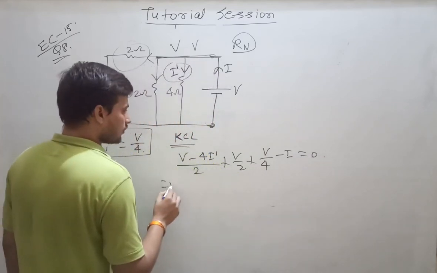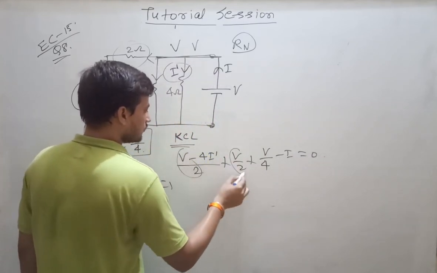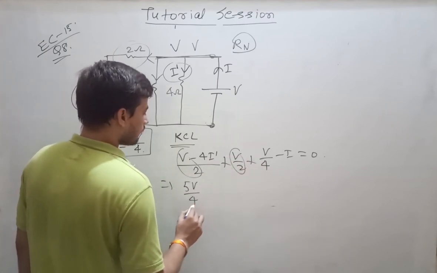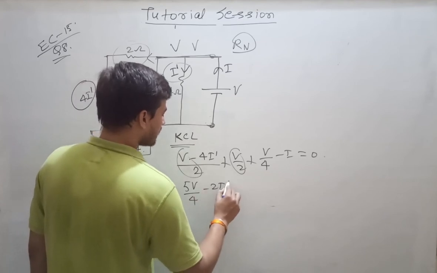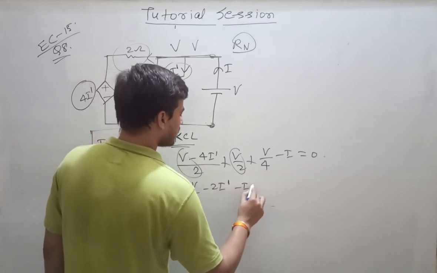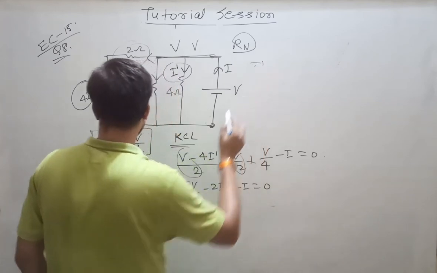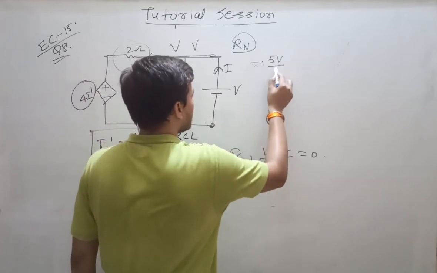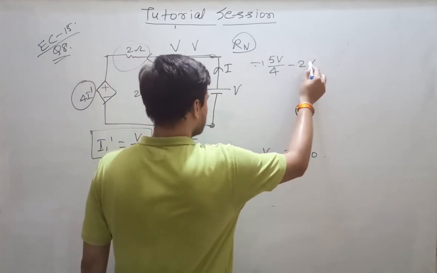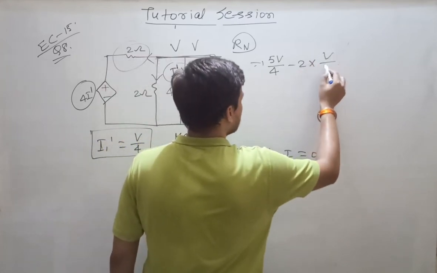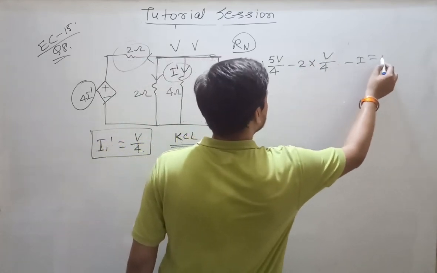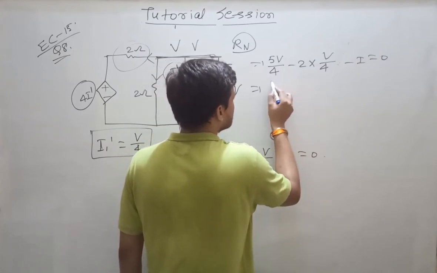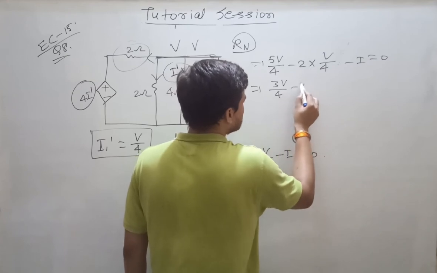Now you got V by 2, V by 2. That means V plus V by 4, that means 5V by 4 minus 2I dash minus I equal to 0. Now what do you know? You know I dash is equal to V by 4. So you write 5V by 4 minus 2 into V by 4 minus I equal to 0.